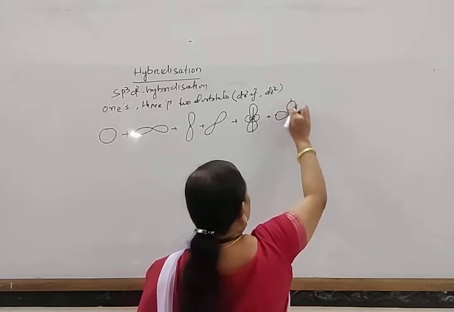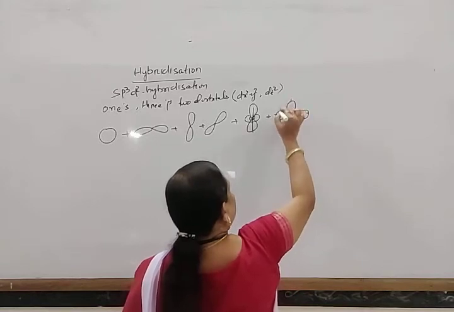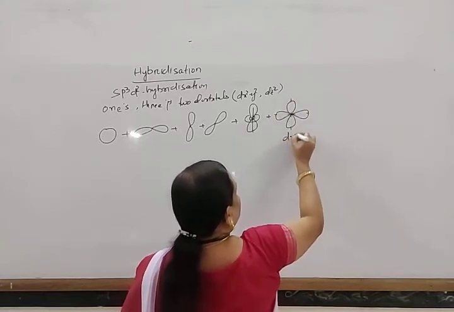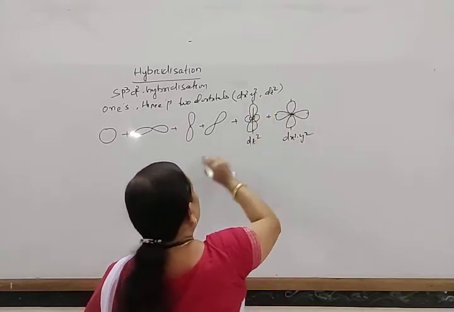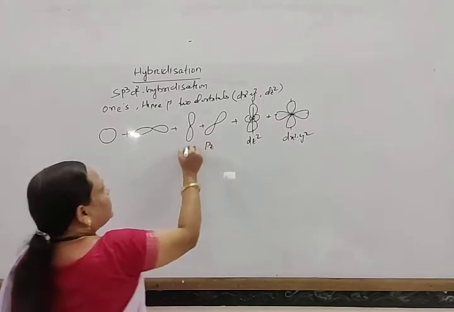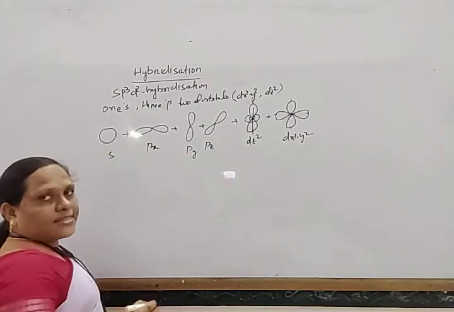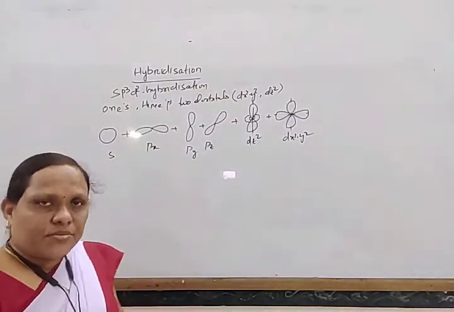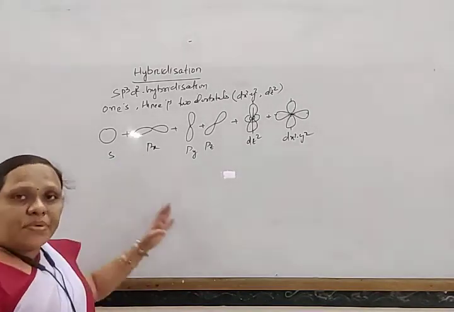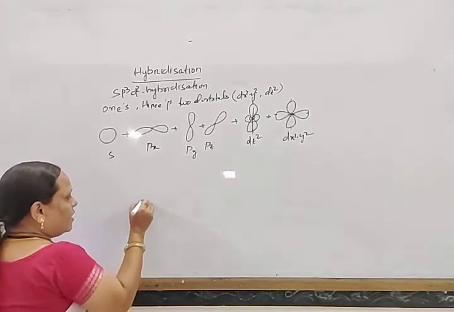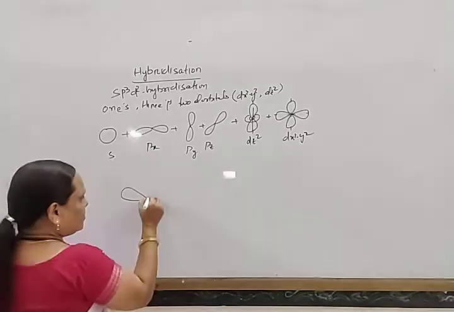These are the axes, not lines, drawn here to represent the axis. So this is dx square minus y square, and this is dz square, pz, py, px and s. All these six orbitals intermix and give rise to six equivalent orbitals which have a regular octahedral structure.